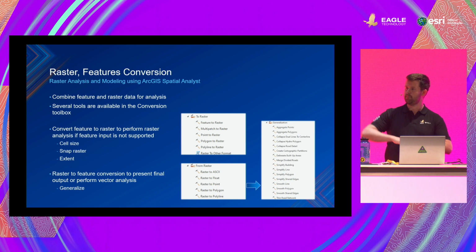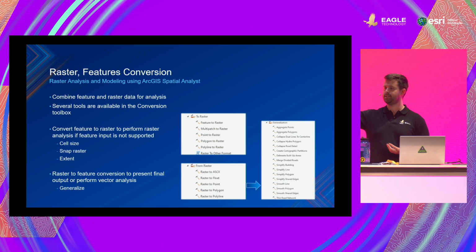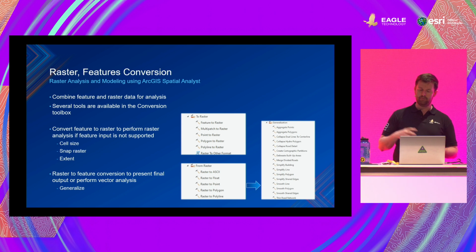It may be you have a flood model that has different inundation zones, classifying that raster, converting it to features, so then you can do feature-driven analysis. So there are a few options and a few different workflows that you can do, and we just wanted to highlight this toolbox in particular due to its usefulness, whether you're accessing it through the desktop UI or triggering these all as Python scripts in the background.